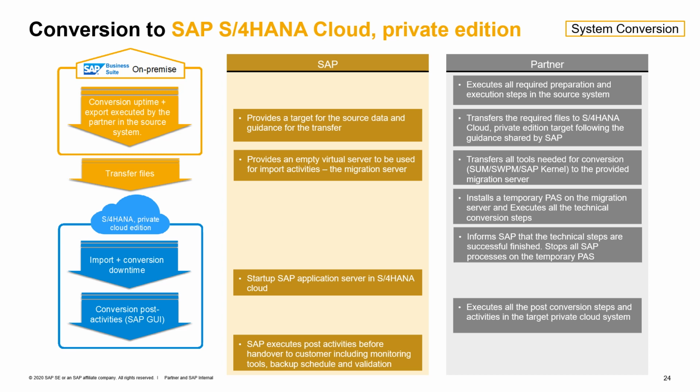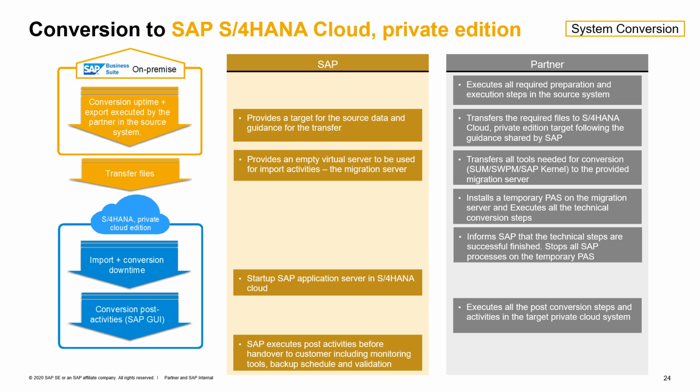After this is completed, SAP will have already shared with you the target location for the data transfer into the S4HANA Cloud Private Edition, as well as the guidance for the same transfer, so that you can proceed in copying all the required files from the Software Update Manager folder into the target location.